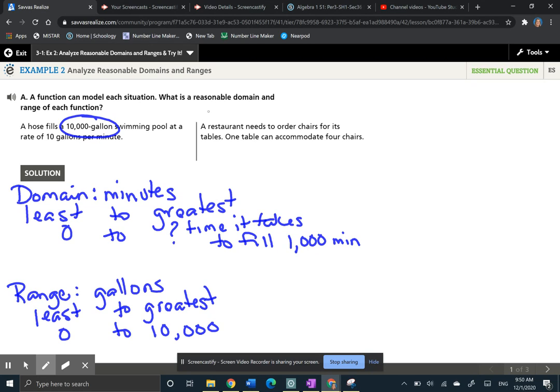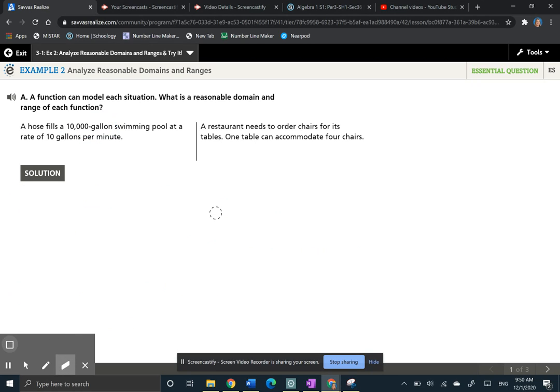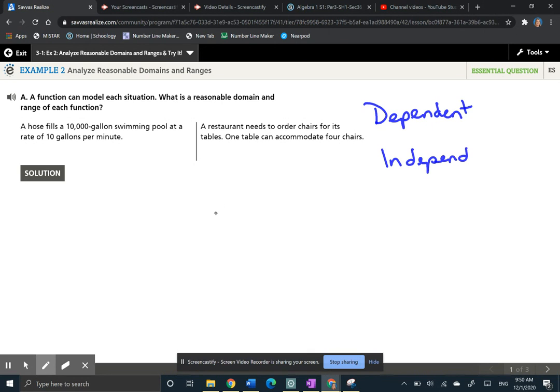All right, let's do the restaurant one. So, figured it out. That's cool. All right, so a restaurant needs to order chairs for its tables. One table can accommodate 4 chairs. So what we want to do is figure out what the dependent variable is and what the independent variable is.